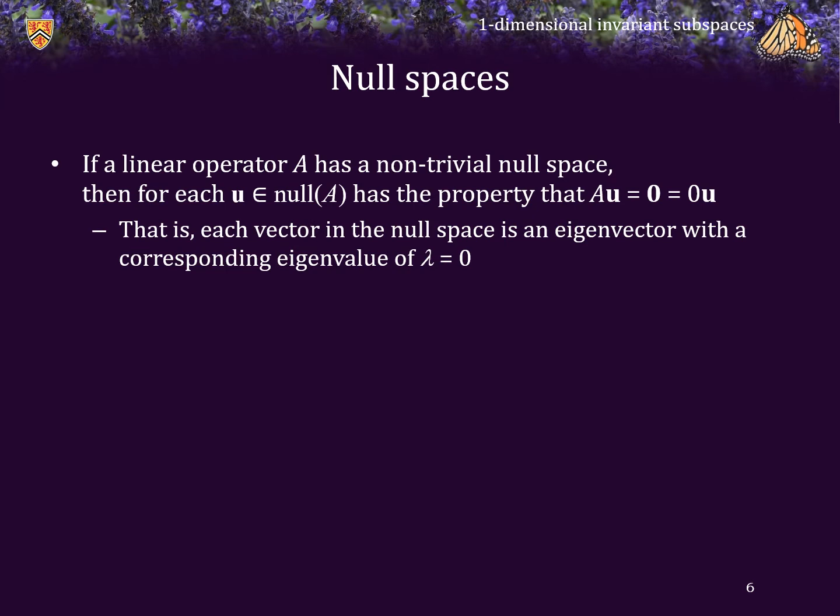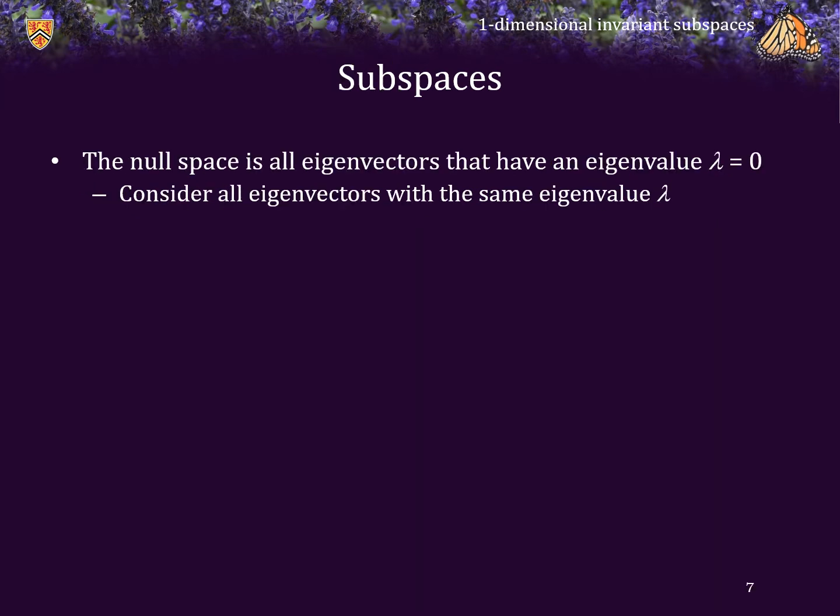That is, each vector in the null space is an eigenvector with a corresponding eigenvalue of lambda equal to 0. Now, the null space is all eigenvectors that have an eigenvalue of lambda equals 0. Now let lambda possibly be non-zero. Let us consider all eigenvectors that have that same eigenvalue.